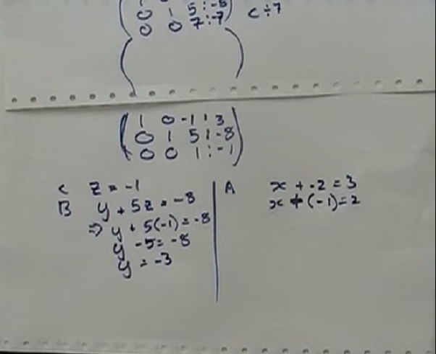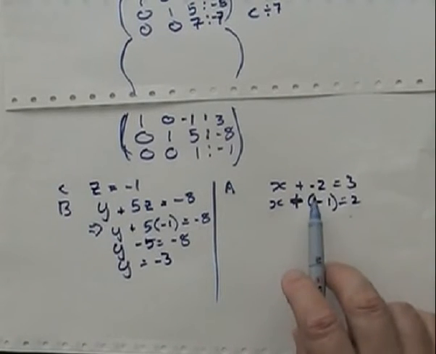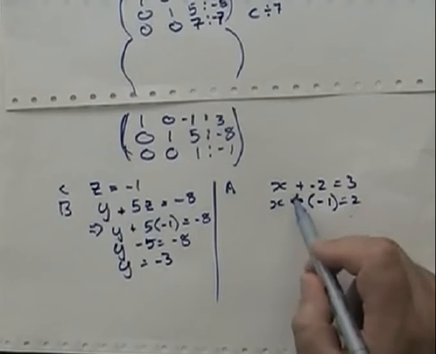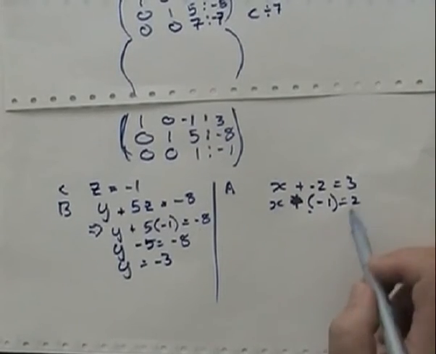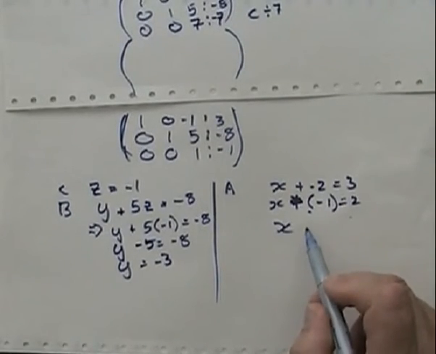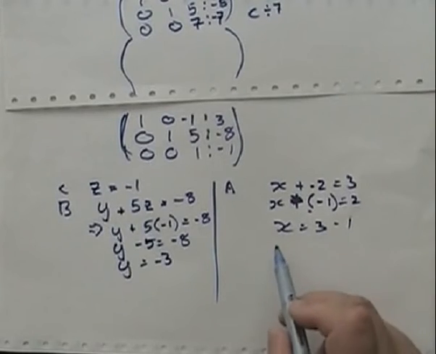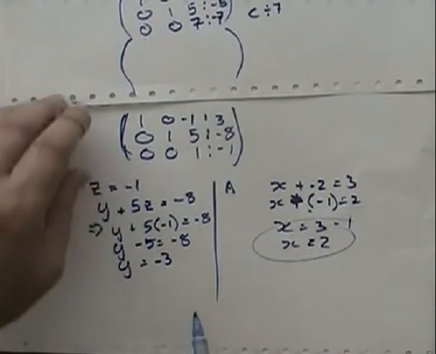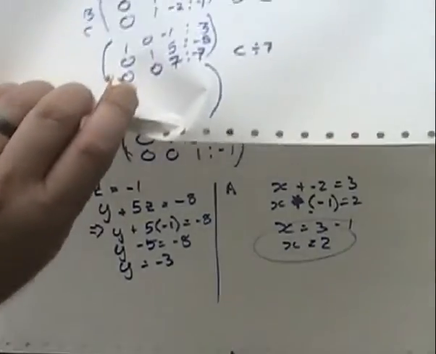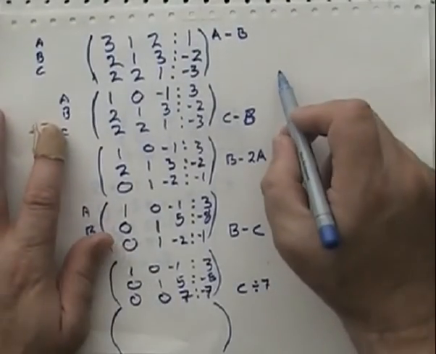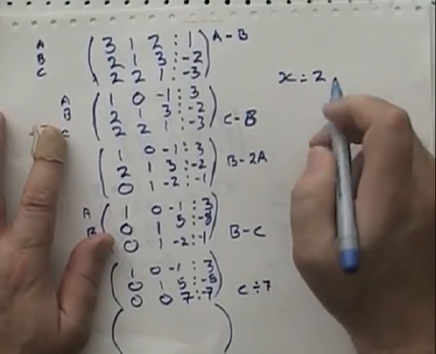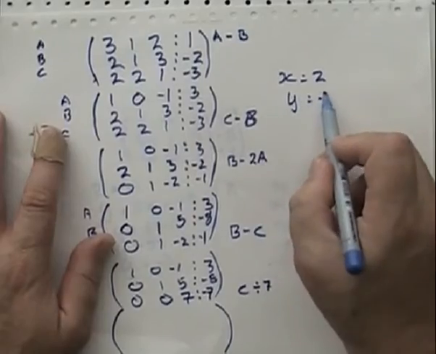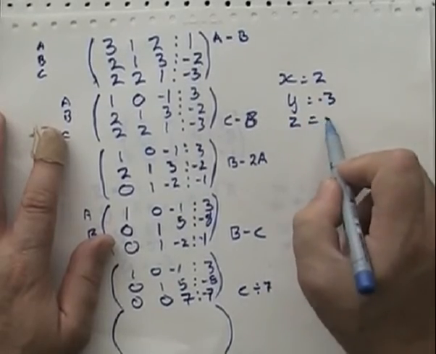Just checking through the maths: that was minus 1, take that across, that becomes x equals 3 minus 1, so x equals 2. So what we can tell from this is x equals 2, y equals negative 3, z equals minus 1.